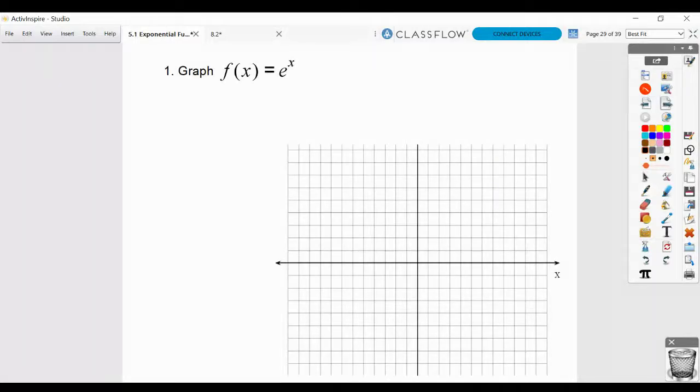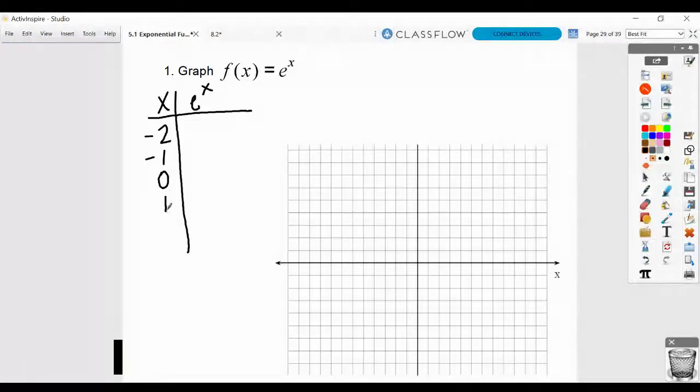So here is the graph of e to the x. So we want to go ahead and make a t-chart. And you can still use the same numbers as what you used before. So -2, -1, 0, 1, and 2.